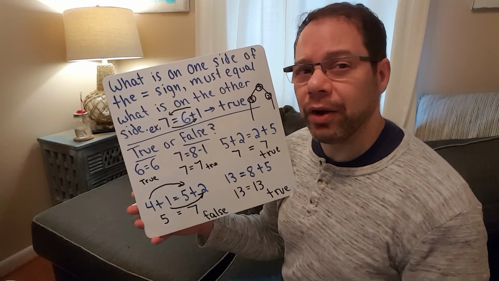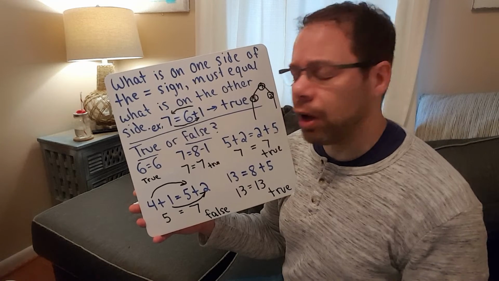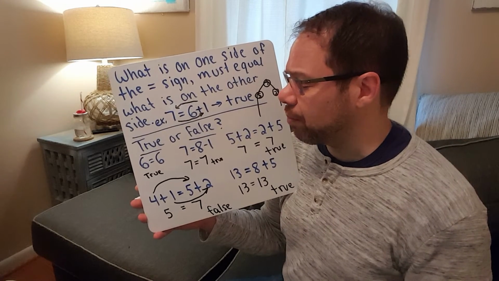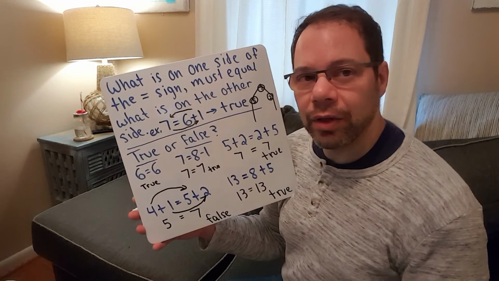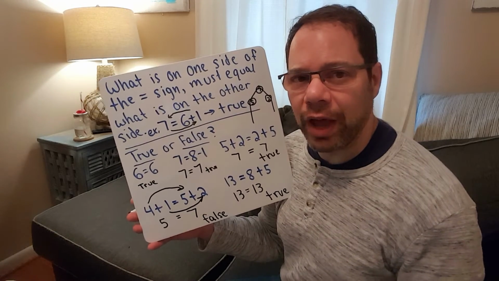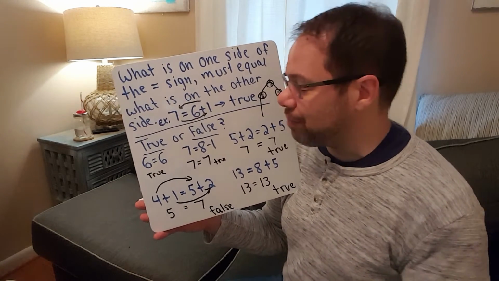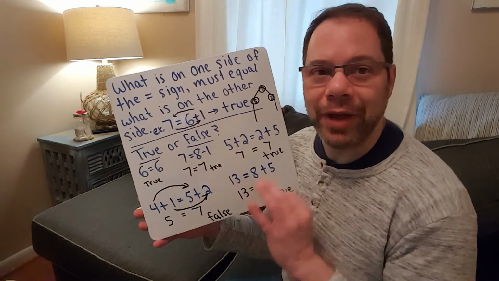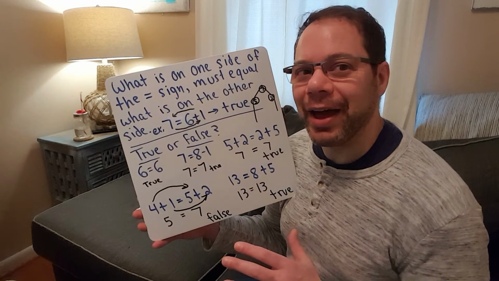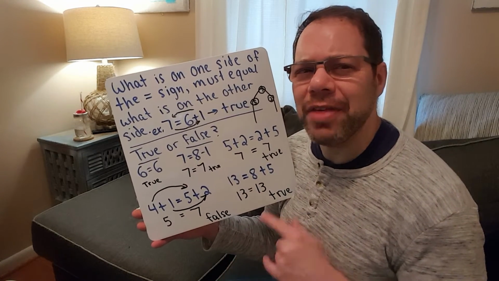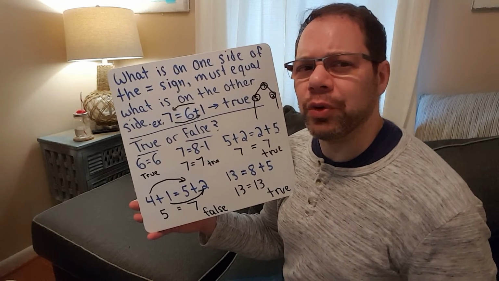But if some of you want to challenge yourselves or have your parents challenge you, you can have your parents make numbers that are higher than 20 if you need to be challenged. Or you can make some of these for your family, for your mom, for your dad, for your sister, and have them go through what's true or false.